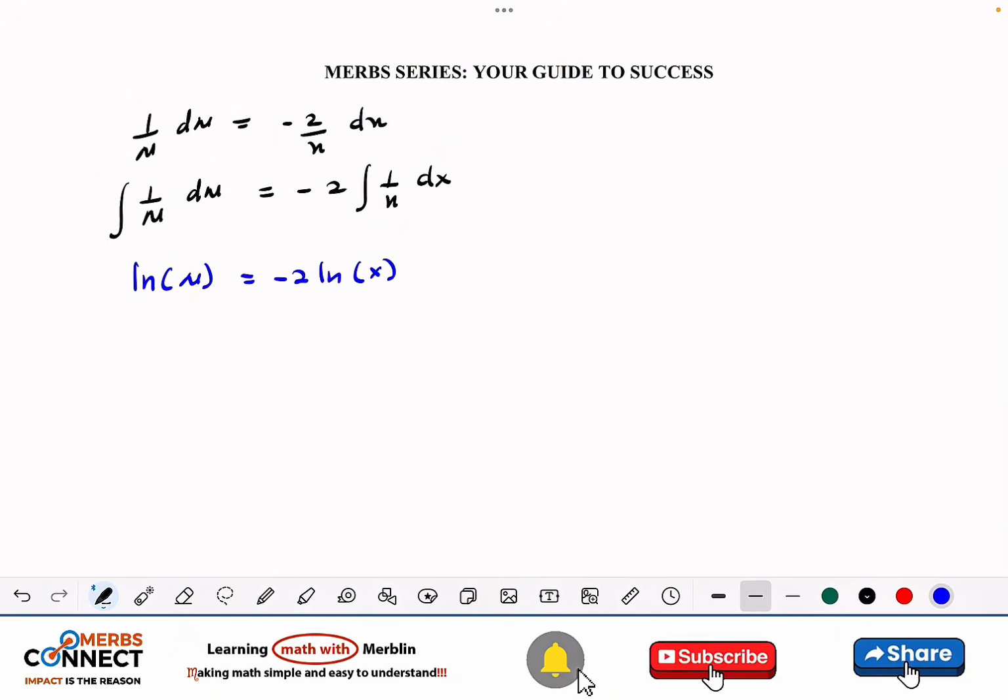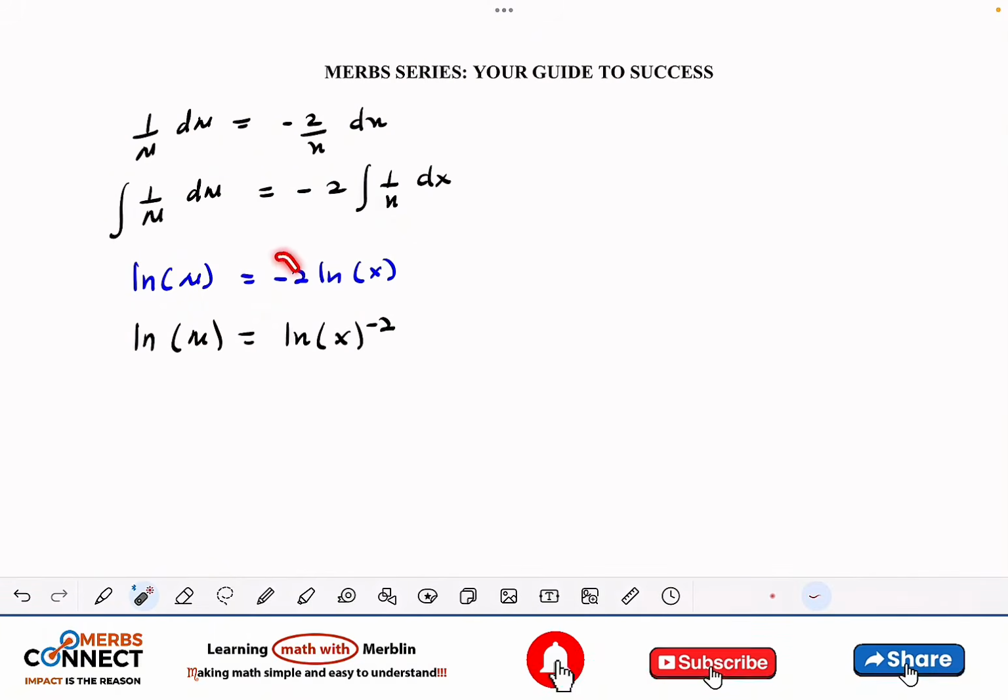Now, when we are finding the integrating factor, mostly we don't concern ourselves with the constant, right? But I can add plus constant here. Remember, I can add plus constant, subtract, and get constant, the same thing. But basically, we can just ignore the constant, and we are okay with that. So this is the same as ln of mu, which is equal to ln of x to the power minus 2. So I move this guy up here.